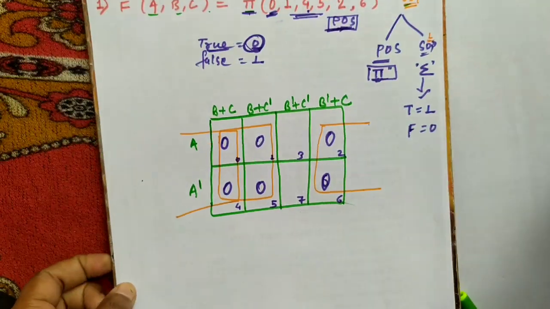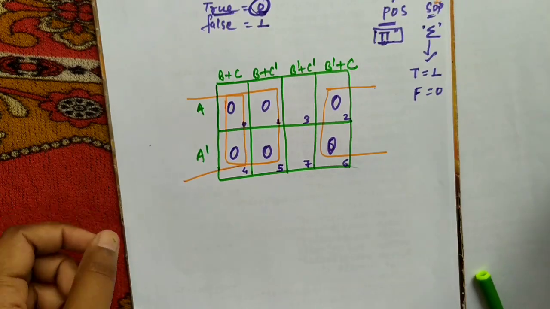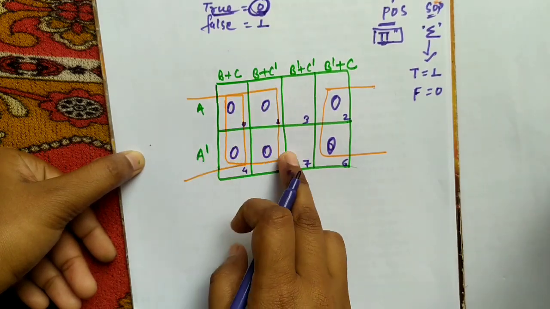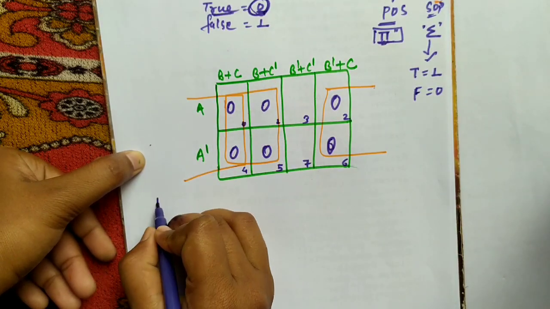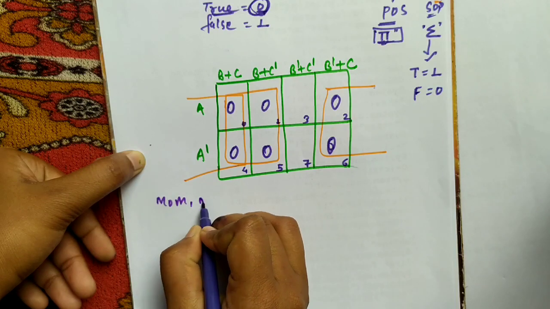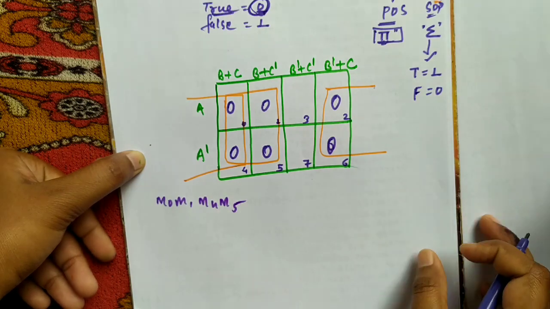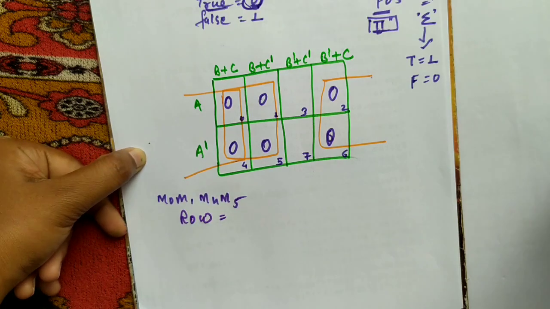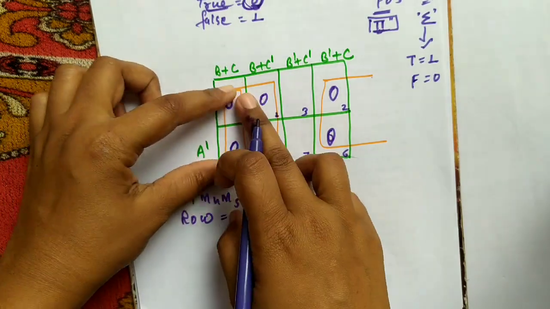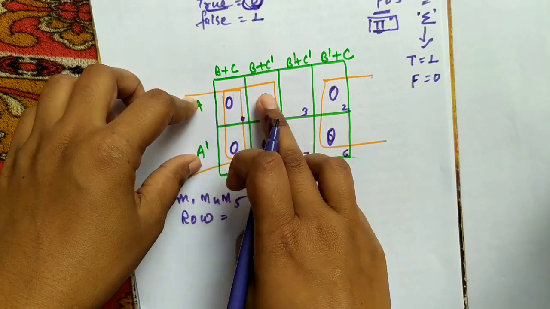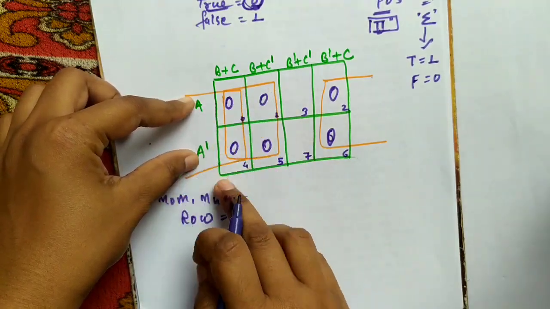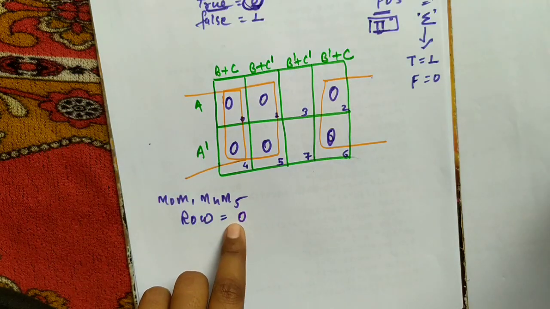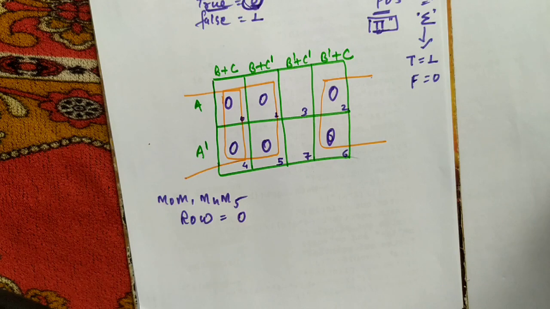So let's write the term here. Firstly, take this quad, that means 0, 1, 4, 5, that is M0, M1, M4, M5. In that quad there are two rows, A and A dash. Nothing is the same across the rows, so we write a 0.